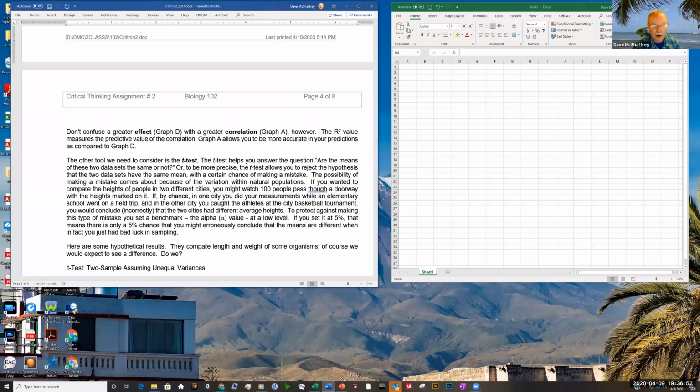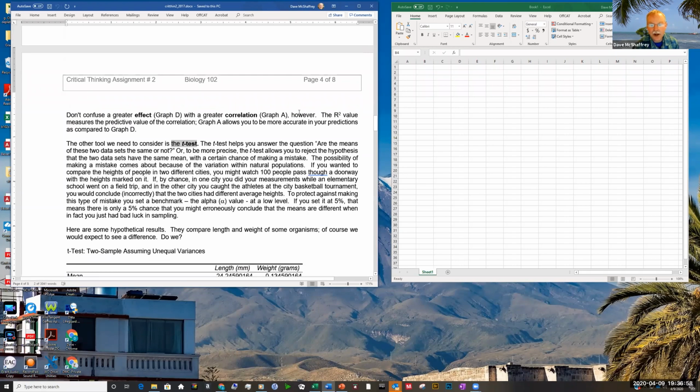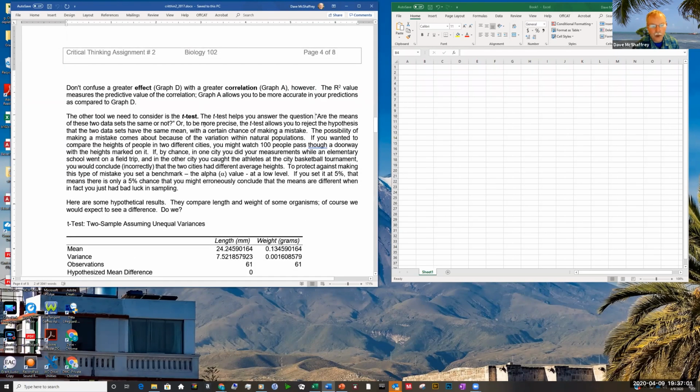Now I want to talk about the t-test. Okay, and this is a very important statistical test. It helps you answer the question, are the means or the averages of 2 data sets the same or not? Now, in statistics, we often can't prove something, but what we can do is reject a hypothesis. We can disprove something.